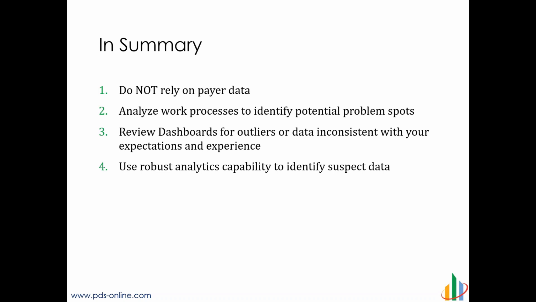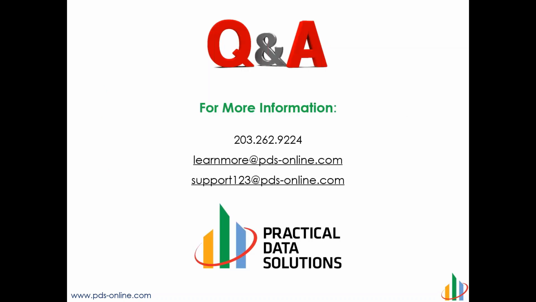And this is where having analysts that are familiar with the data can really excel, because they can spot things that look different, that look kind of off, and help identify them. And then using the robust analytics that you've shown us, Russell, in order to identify specific suspect data so that we can resolve it.